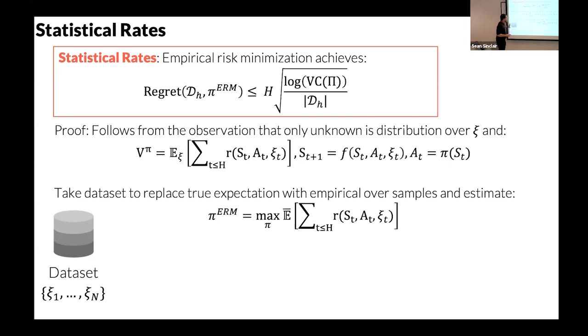But you have a data set of that, right? And so why not use that data set to replace that unknown expectation over the randomness with an empirical one and just pick the best decision, right? Simple. And so this is actually the one that achieves this rate. And you can do VC with some special math that's not important. Okay.